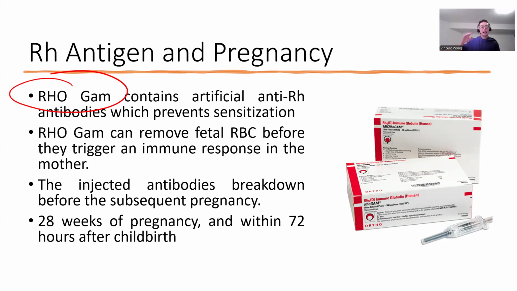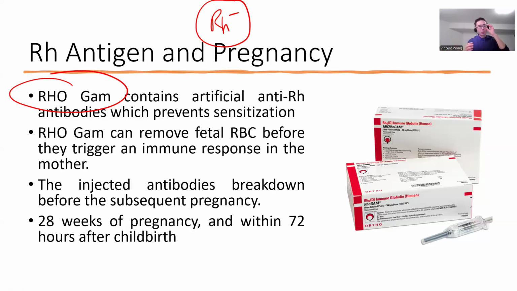It doesn't cure it. It prevents it from happening. So if the mother is RH negative, she will be recommended to take the RhoGAM at 28 weeks of pregnancy, as well as after childbirth, after delivery.